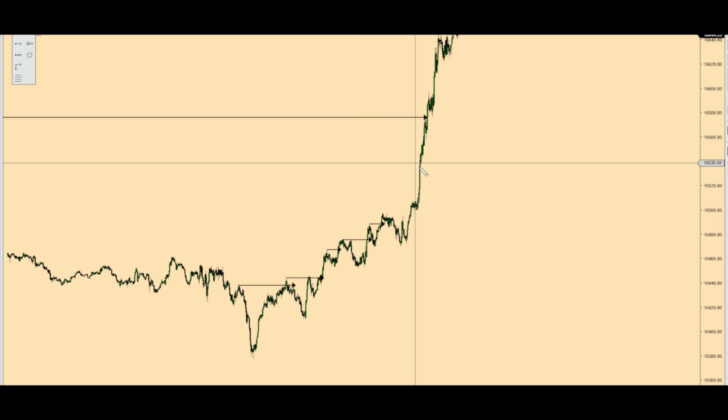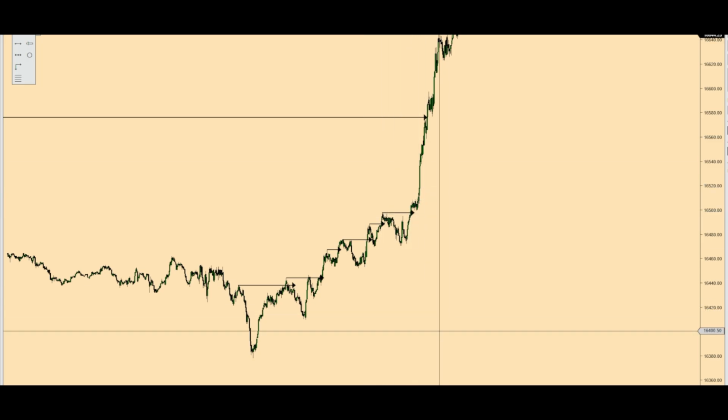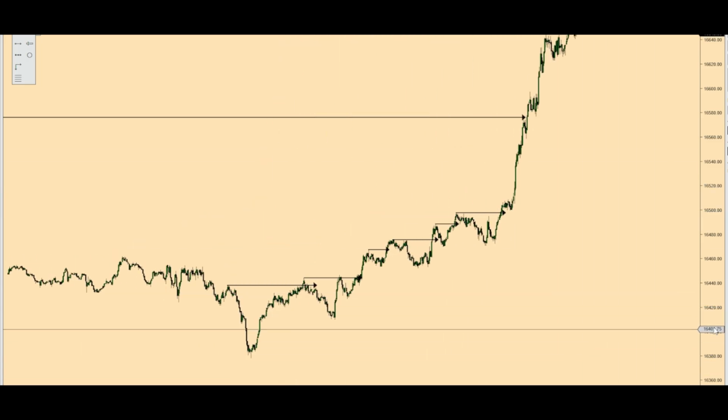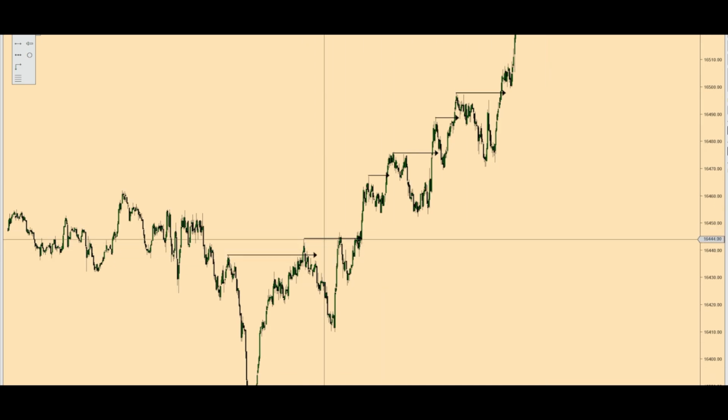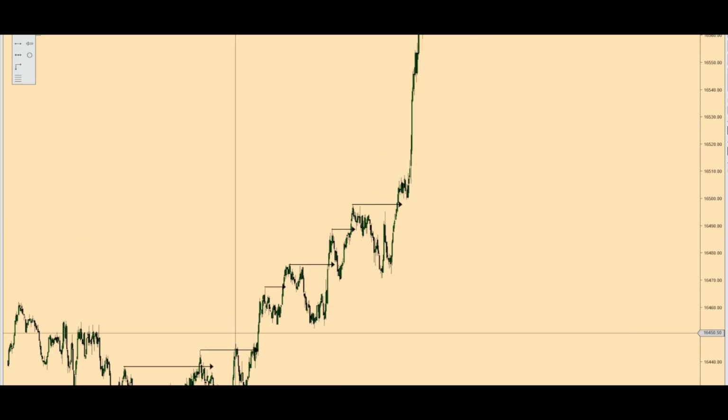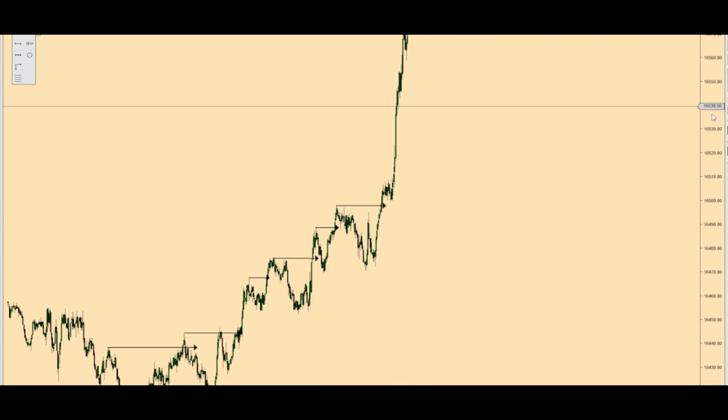So that's 5, 6. These are larger swings. See, there's structure down in here. And then boom, take off.